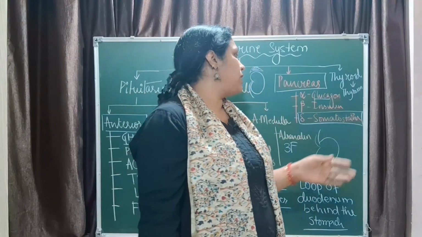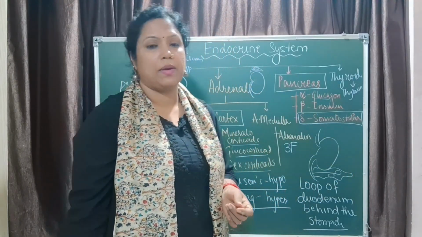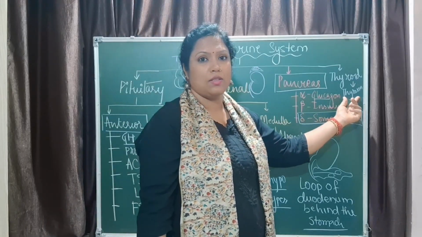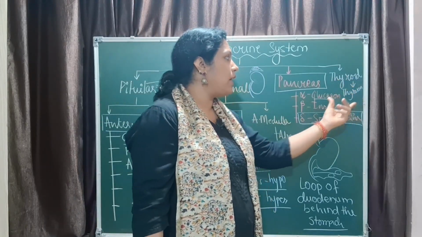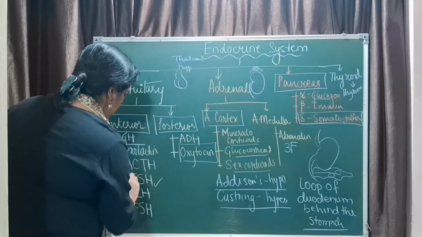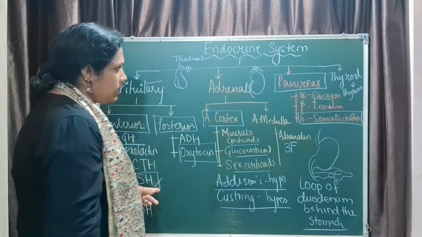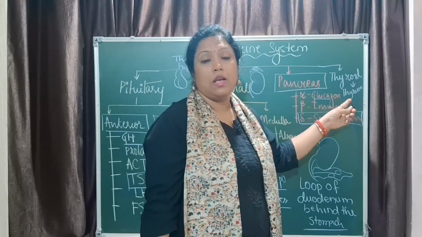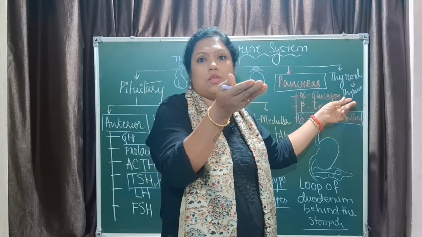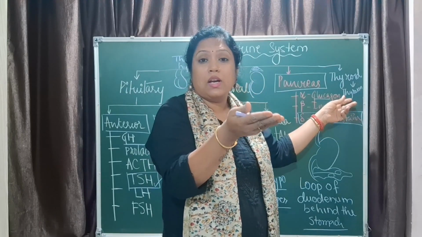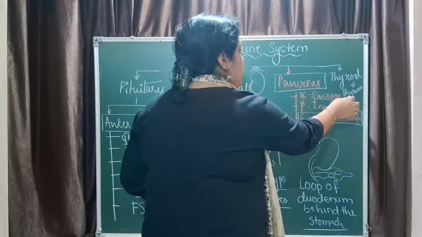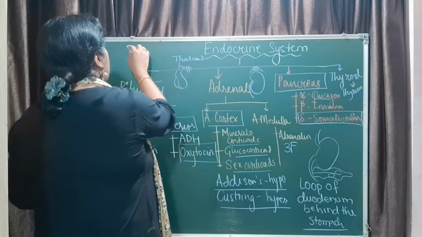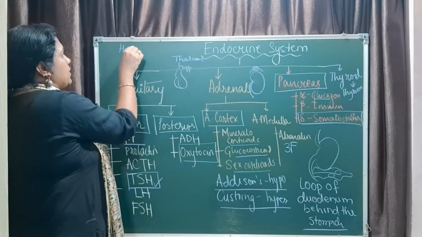Then another part of this chapter is your feedback mechanism. We'll understand with thyroxine. Now suppose your thyroid gland is activated by TSH, okay? So TSH is released, which goes and triggers thyroid to produce thyroxine. Now thyroxine level has reached the level that is needed in the body. After that, what will happen? This thyroxine will go back to hypothalamus.